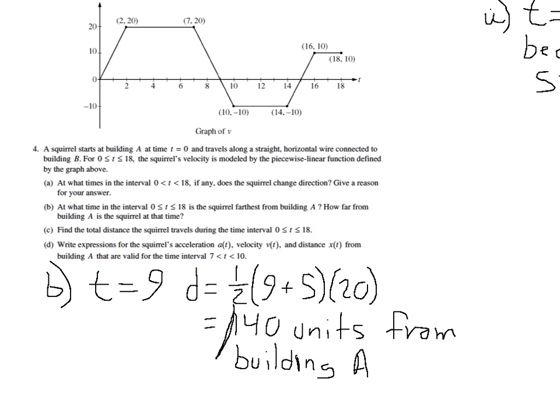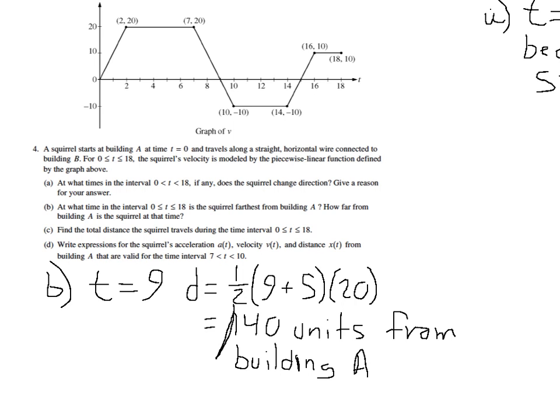It's still distance that he traveled. He traveled 140 units away, then a certain number of units back towards the building, and then he went away from the building again. But I don't really care about which direction he's going if I just want to know the total distance he traveled. Not how far away from the building he is, like in part B, but the total distance that he traveled.